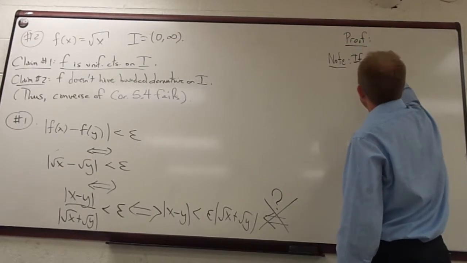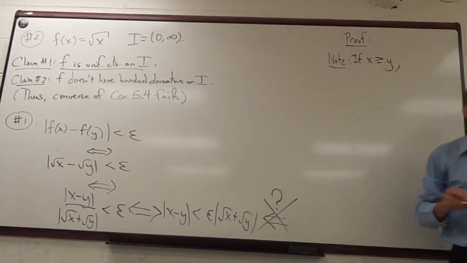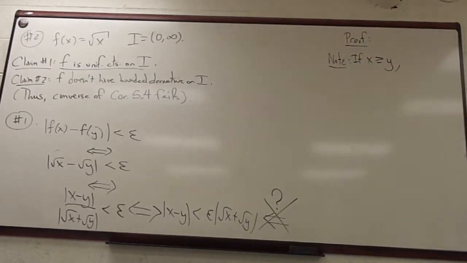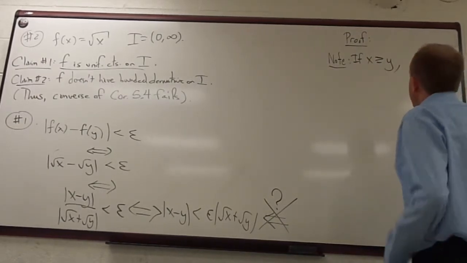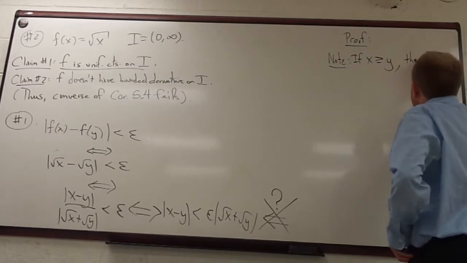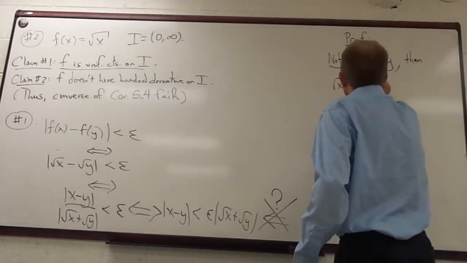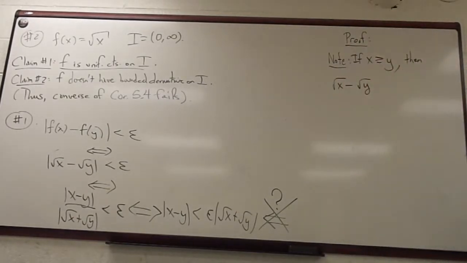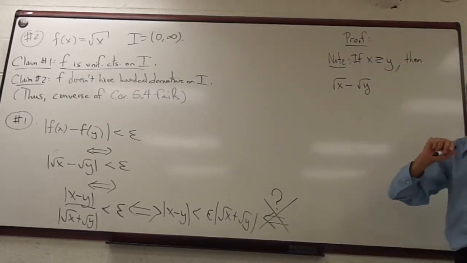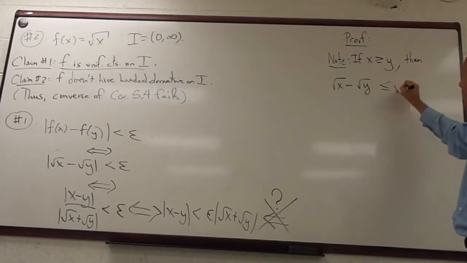If we assume, this is where I want to again use the fact that I can assume that x is greater than or equal to y. If I do that, then if I look at radical x minus radical y, and I don't need the absolute value bars on it anymore, I actually claim that that's less than or equal to the square root of x minus y.